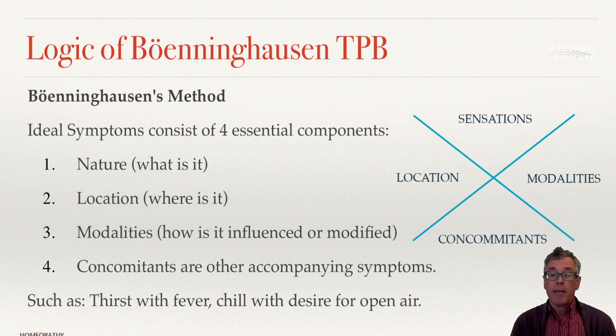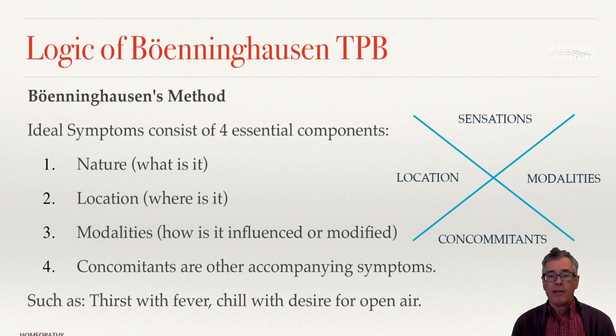And then the accompanying symptoms that are concomitant to the symptom specific. So we see examples such as thirst with fever, chill with desire for open air. And the quadrangle here of sensations, modalities, concomitants, and location.